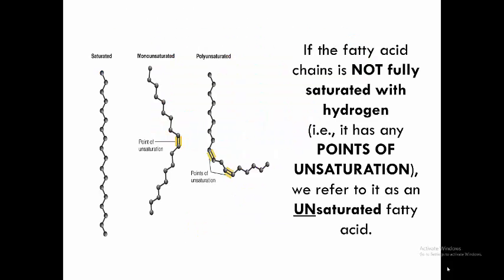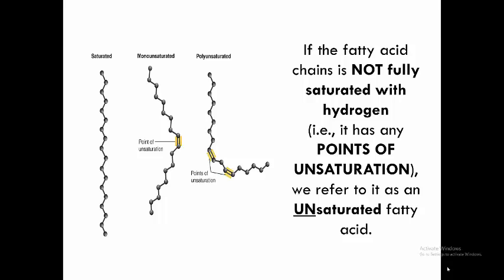So if we look at a fully saturated chain versus the two different types of unsaturated fatty acid chains, what you see is those which are unsaturated are the ones with some double bonds. The relevance of that, as your book explains, is that where there's a double bond, it's missing a hydrogen.